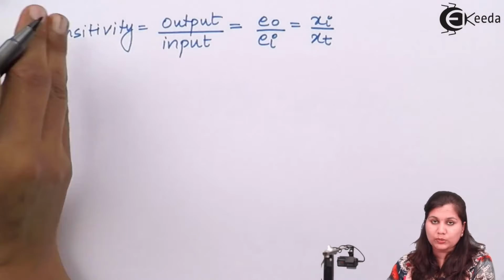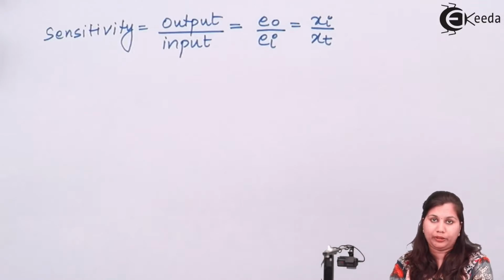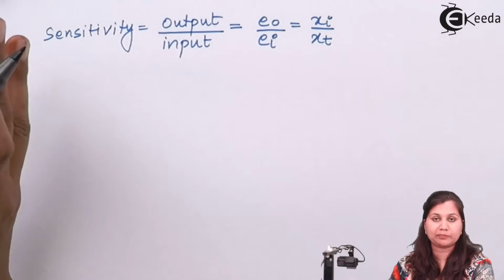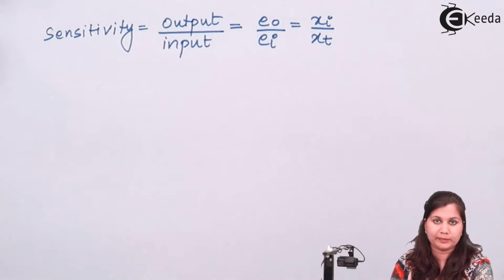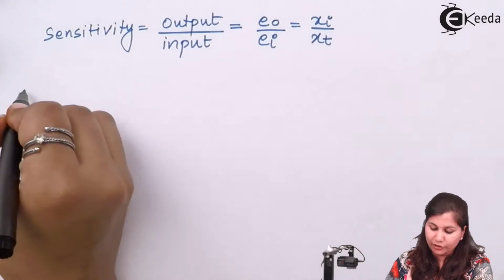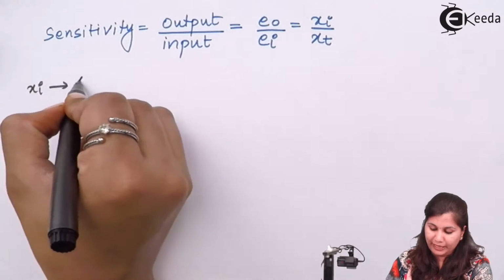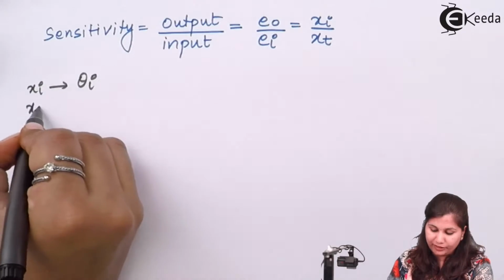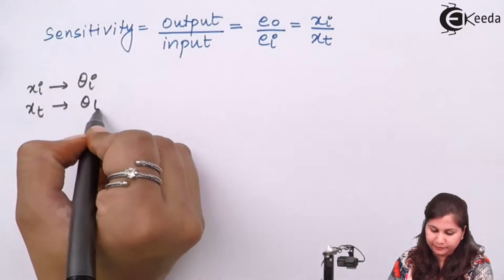So this was the case when we are considering a linear potentiometer. Now if we consider an angular or the rotary potentiometer, instead of linear displacement, there we will have the angular displacement. So instead of xi, we will be having theta i, and instead of xt, we will have theta t.